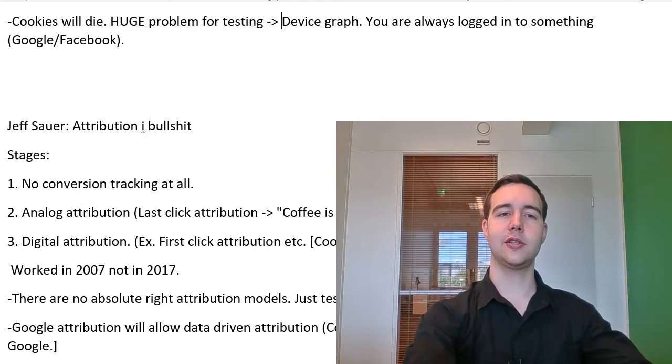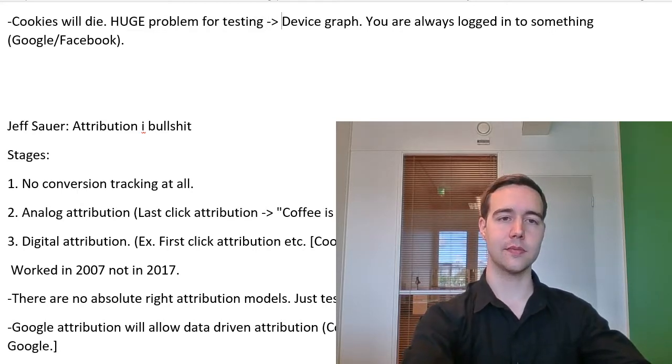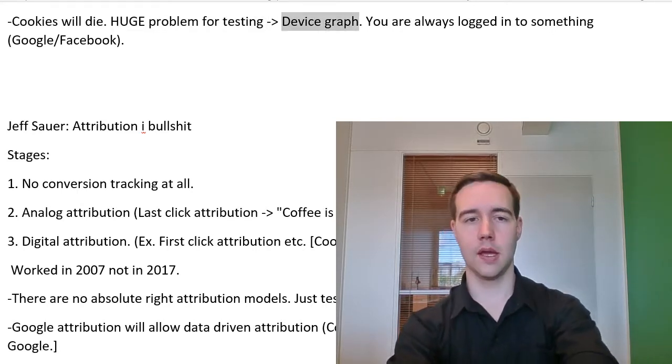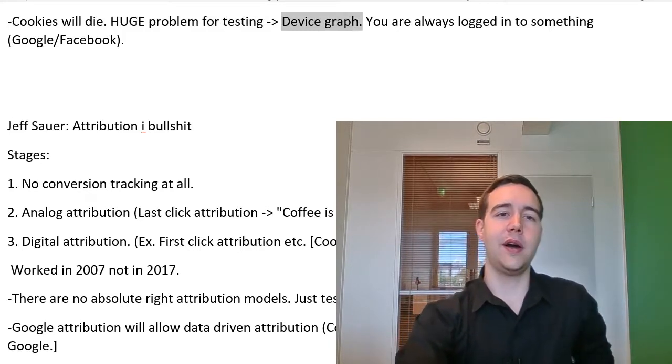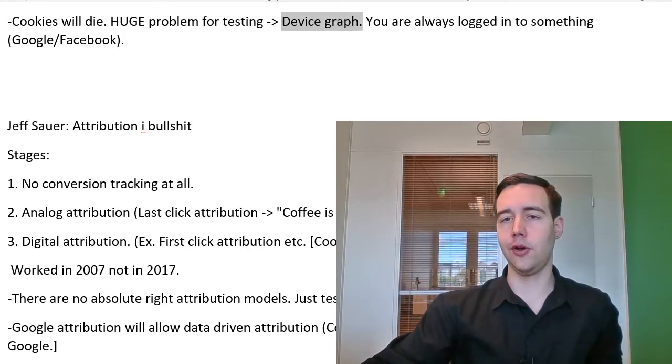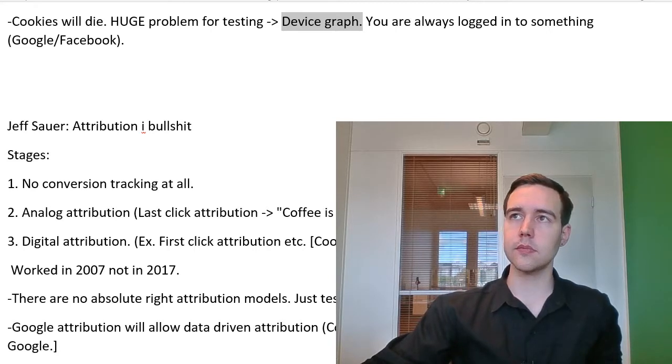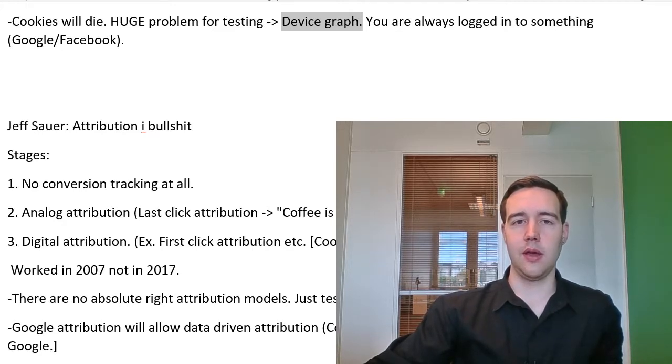And this might actually be a good thing, because with device graph, this will identify what kind of services you logged into. So if you logged into Facebook, if you logged into Google, this will actually be able to identify that, and then they can show you and categorize you into tests based on that.